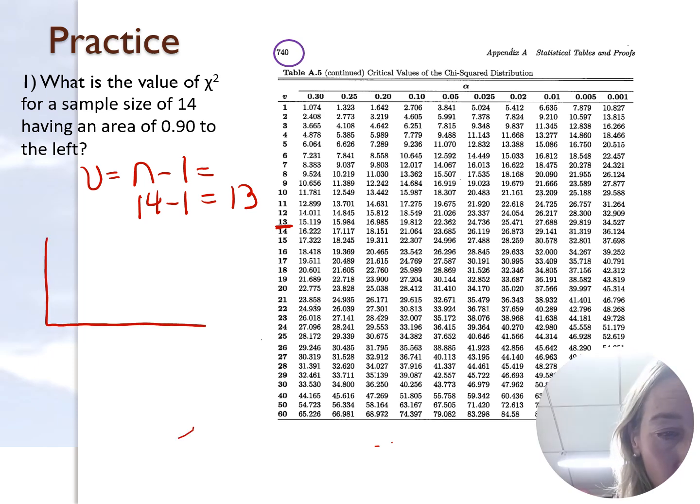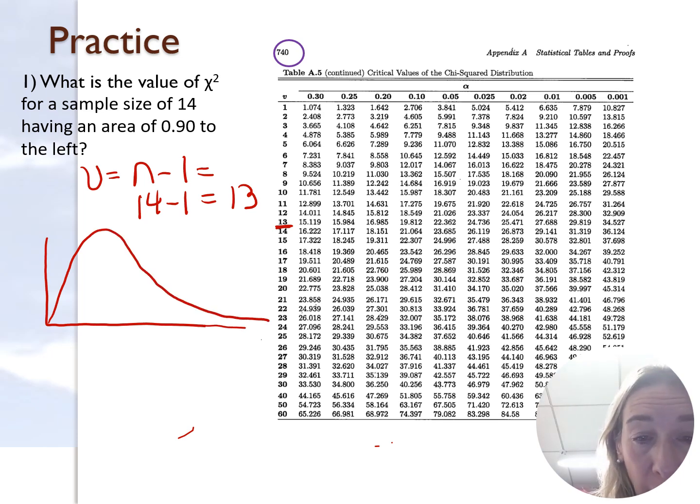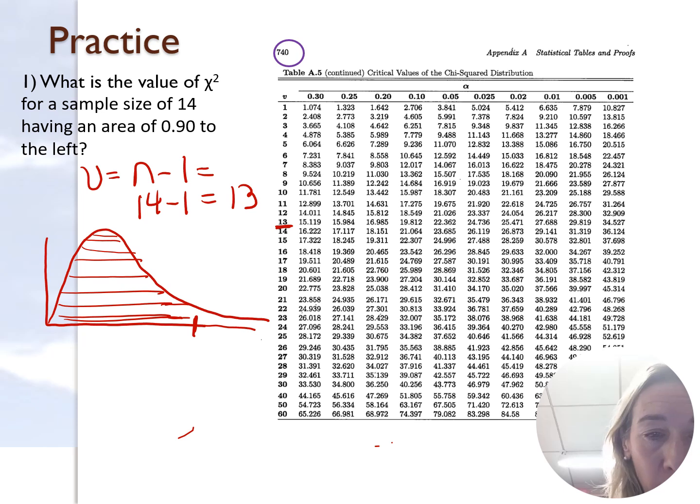So let's draw in chi-square here. That's a lot of area to the left. Probably sits somewhere around in here. So we're looking for that 0.90 to the left.